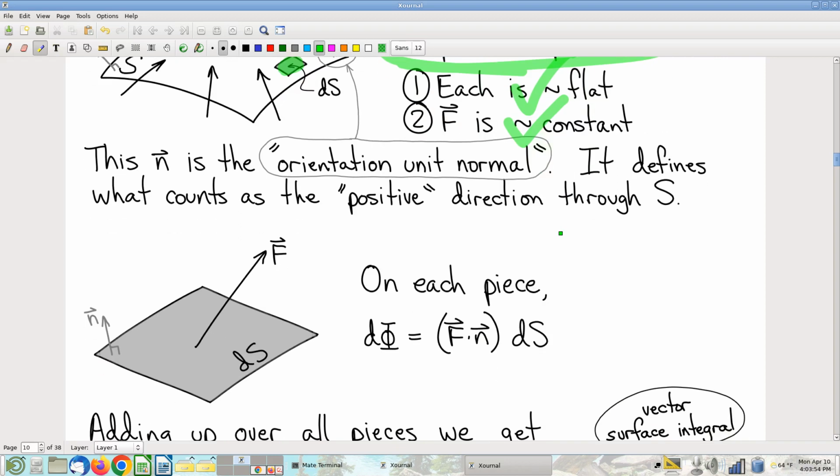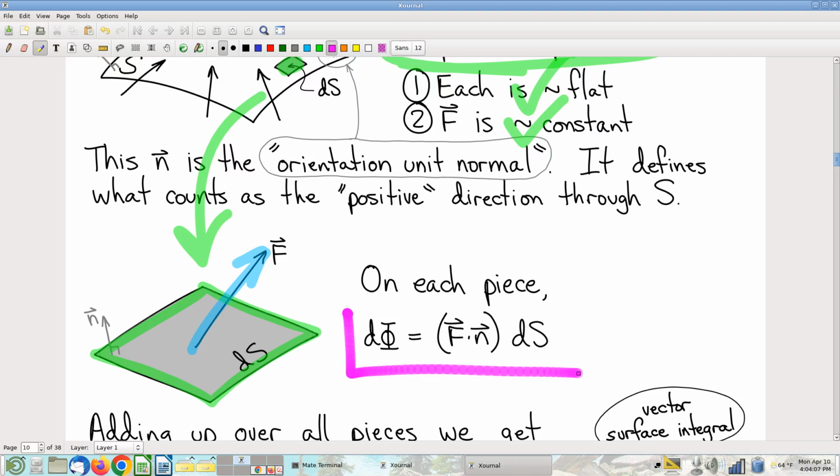And then on each of those little pieces, right, this being that little piece, vector field is approximately constant. We can compute flux with our good old, regular old dot product formula. How are we doing so far? Is everybody with me?